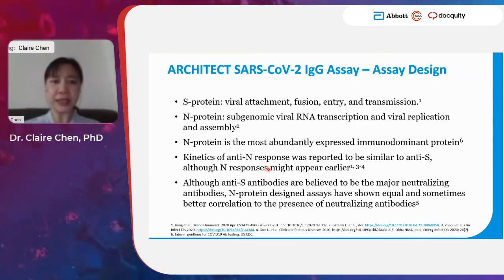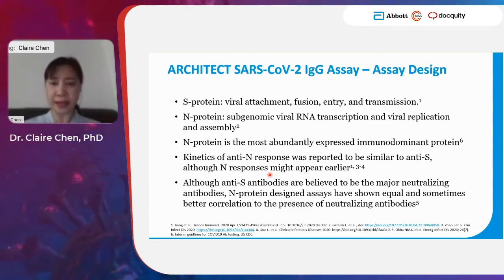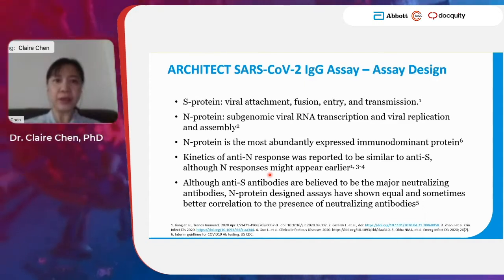In the context of SARS-CoV-2, when we're looking at the antibody, the neutralizing antibody becomes very important, because neutralizing antibodies are the type of antibodies that can neutralize the virus and stop the virus from entering into and infecting the host cells.